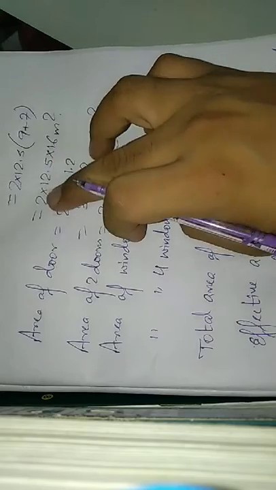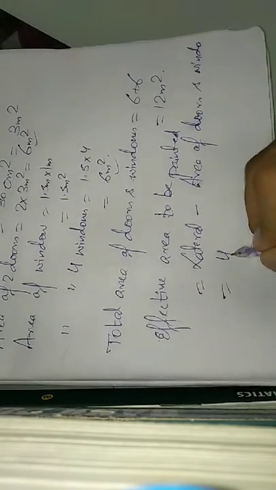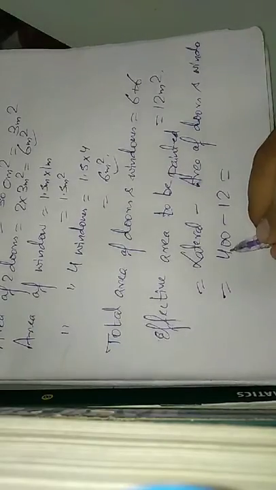We found out to be this, 2 into 12.5 into 16. 12.5 into 2 means 25. 25 into 16. 25 8s are 200. So 25 16s are 400. So it is 400 minus area of doors and windows is 12 meters square. This is equal to 388 meter square, right? This is the effective area to be painted.